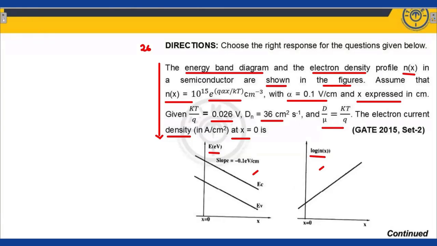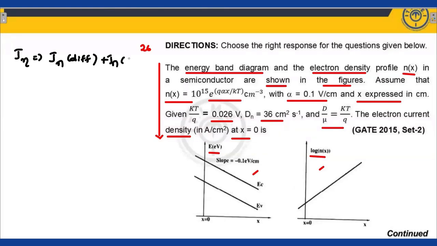So we need to get the complete electron current density. The electron current density Jn is because of one is diffusion, another one is drift.